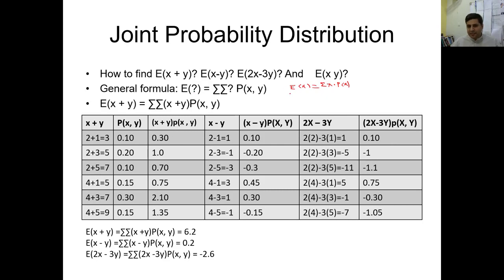In the joint probability distribution, it will be the summation over x and over y of (x+y) times p(x,y), because we are taking this value.